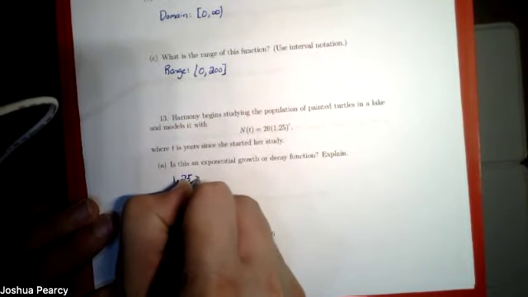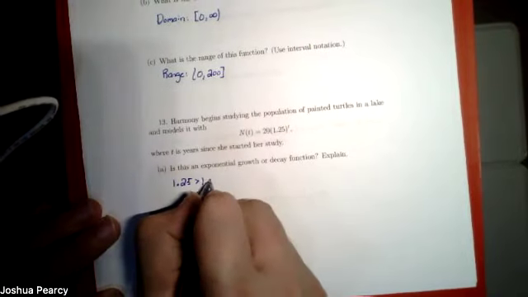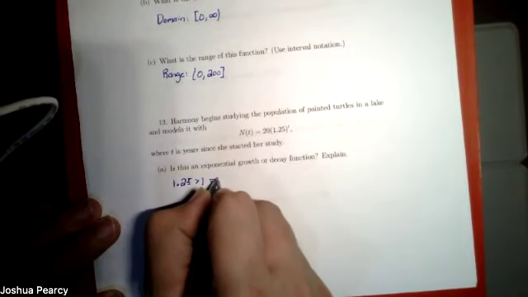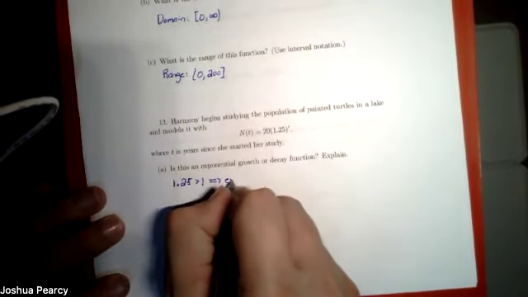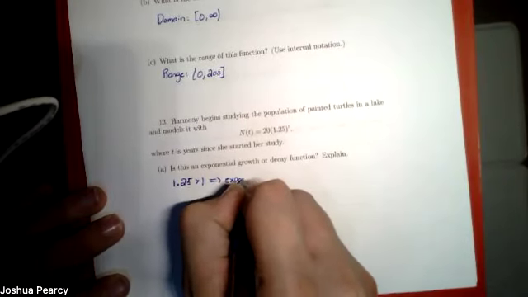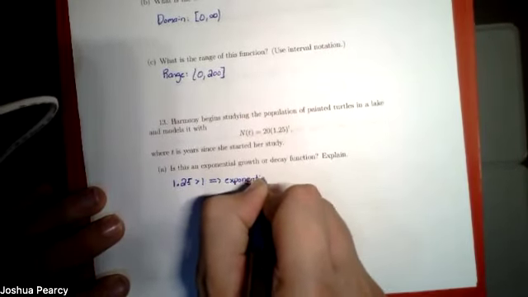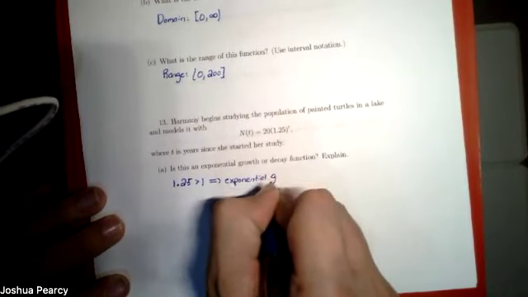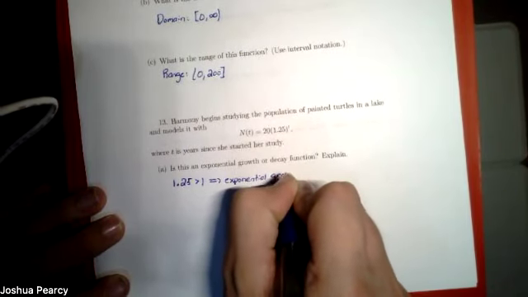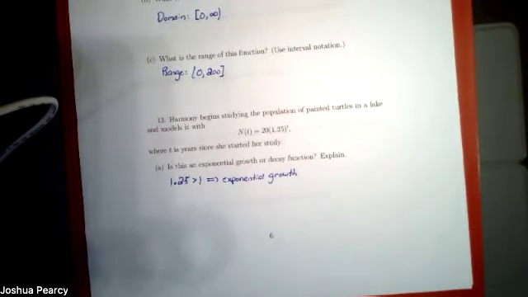So 1.25 is greater than 1, so this implies that this is an exponential growth, because the base of the exponent was greater than 1. That's what makes it an exponential growth.